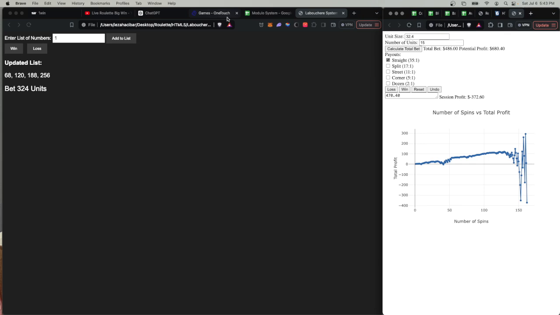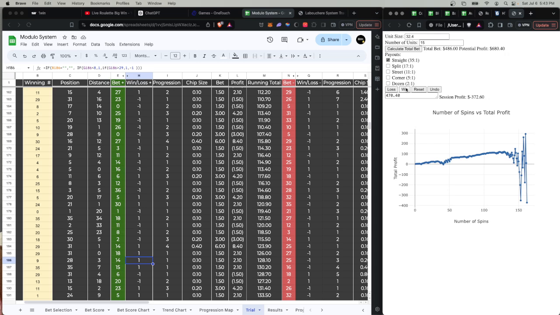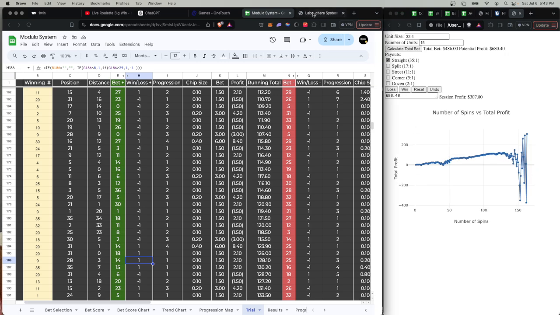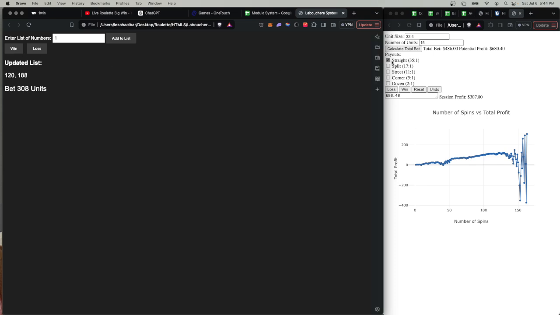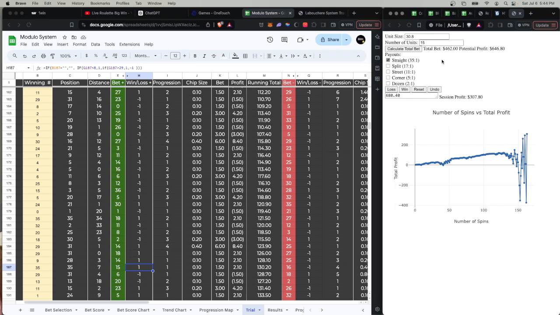Calculate. Lost twice here. So we go to here, which is a win. And so we win. Now we're at 30.8. And we get another win. We finally cleared out the crazy bets we had.